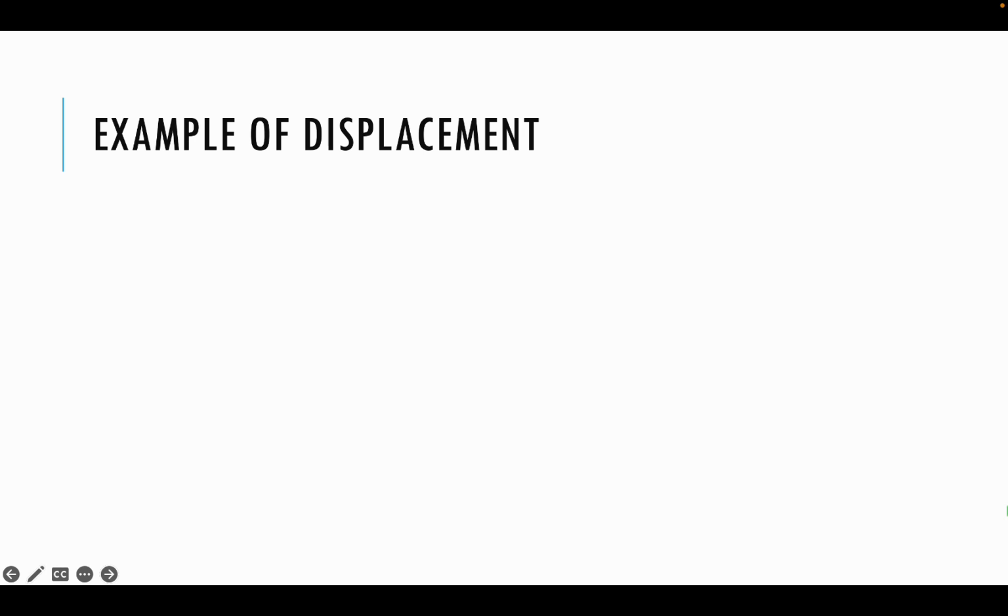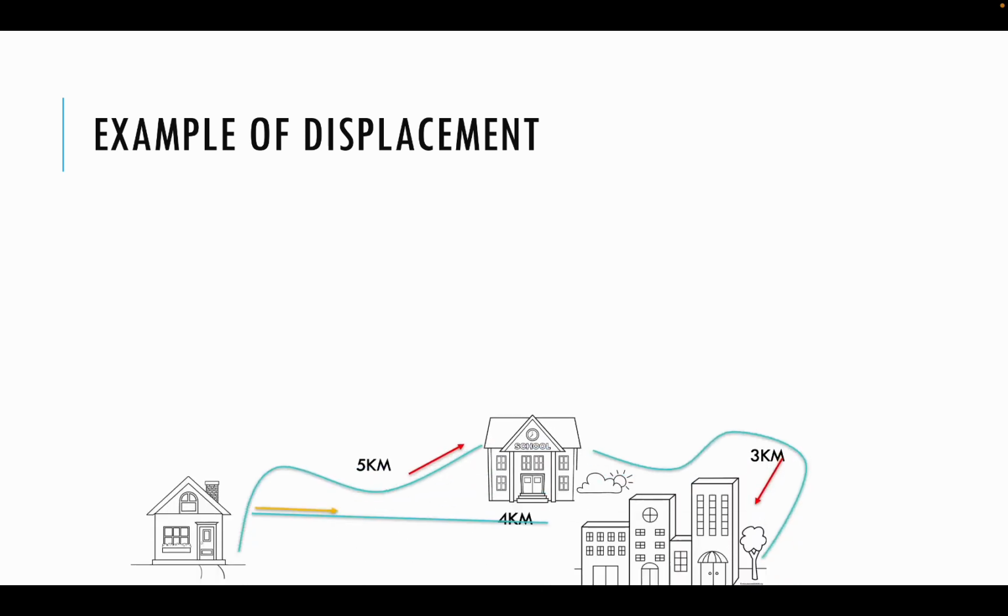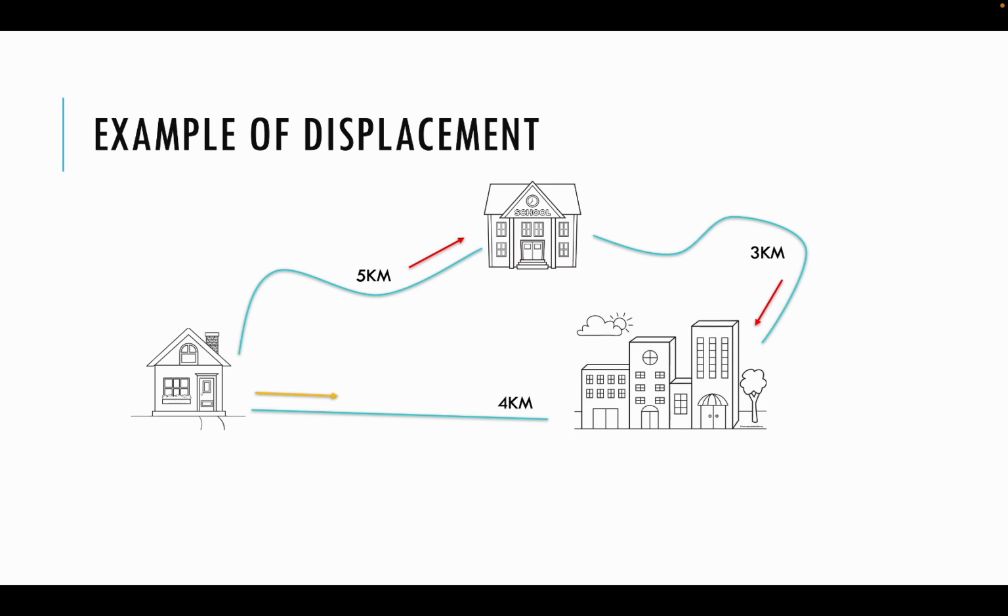Okay, let me explain in more detail the example from the previous. Making the story more interesting, let's say we have Ali and his wife named Amira. Every morning, Ali will drive to his workplace and at the same time, he will send his wife, who is a teacher, to school. It takes him around 5 kilometers to reach school and he continues his travel to the office, 3 kilometers.